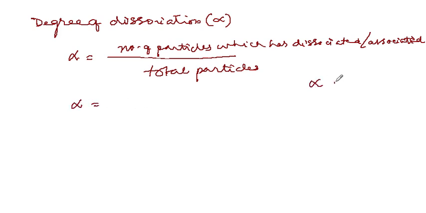Let's say we took 10 particles, and out of them 3 have broken apart. So our degree of association in this case would be 0.3.